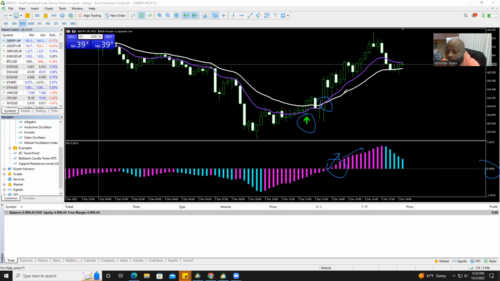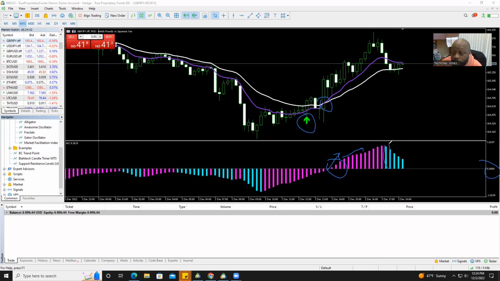If you're trading without the BC trend point, you want to get out when the color changes on the Awesome Oscillator. I repeat, if you're using the BC trend indicator, you can wait until you get an adverse signal saying that the market is changing direction.